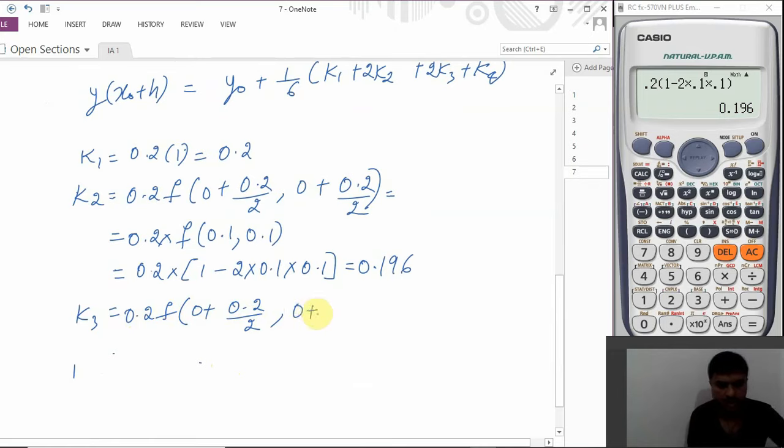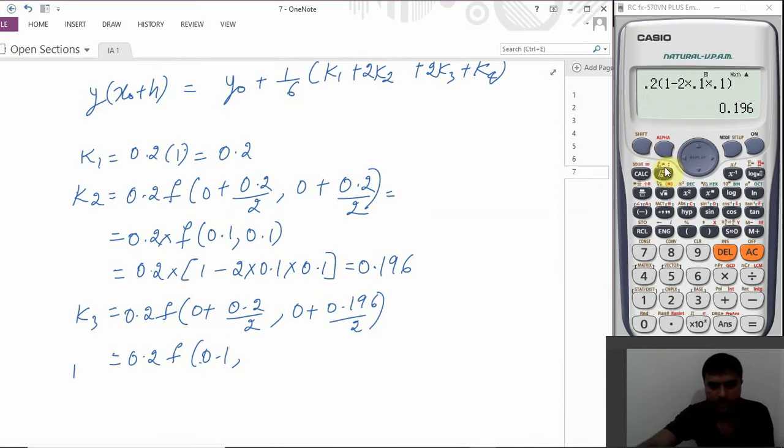In the same way, if you put it in the calculator, k4 is equal to 0.2 f of x is 0 plus h is 0.2 and y is again 0 plus k3 is 0.19608.